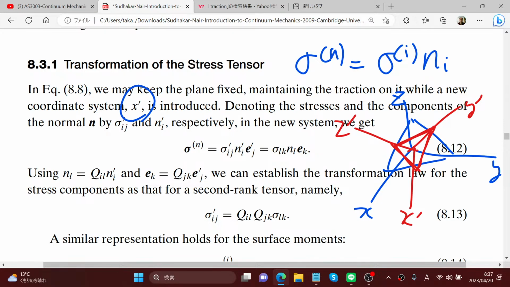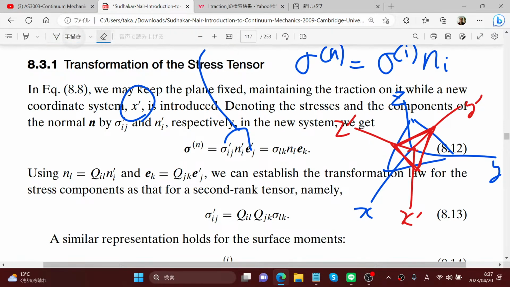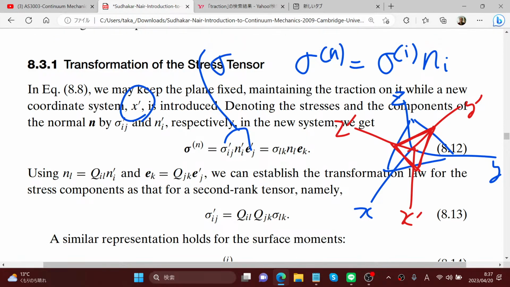Maybe we should combine this and this. So you have sigma, this is more like sigma prime i, and this is a vector. Yeah, so you can see this then n1 prime.